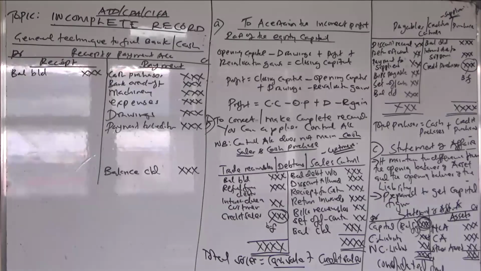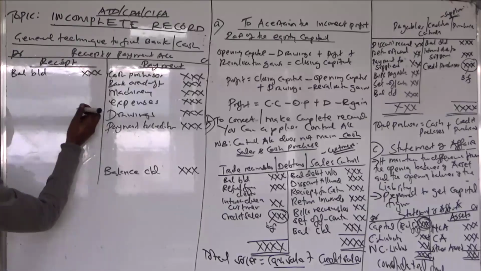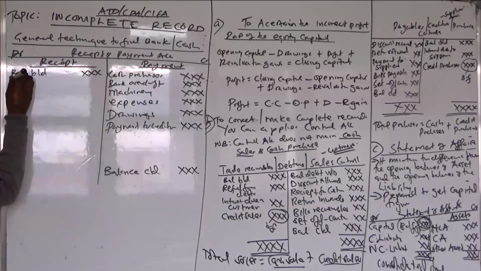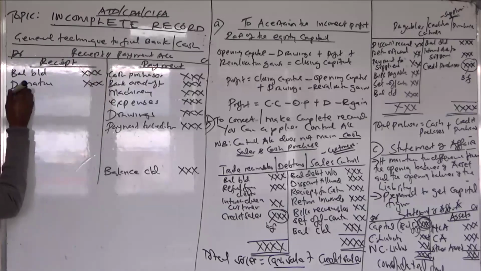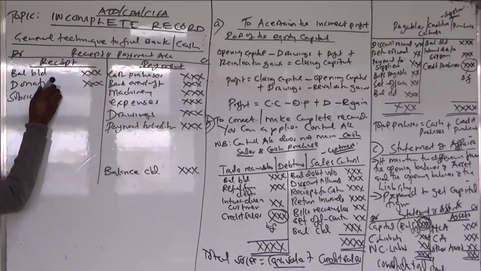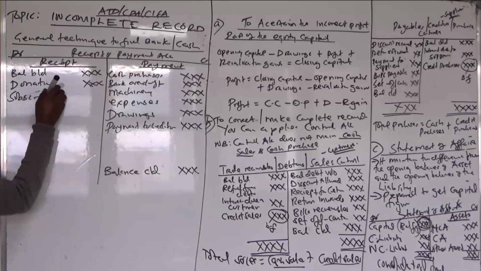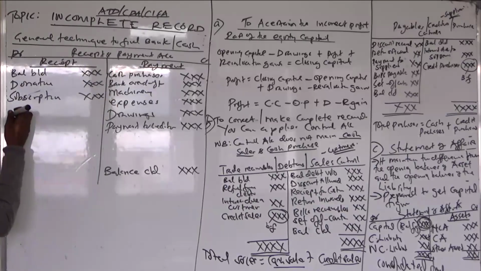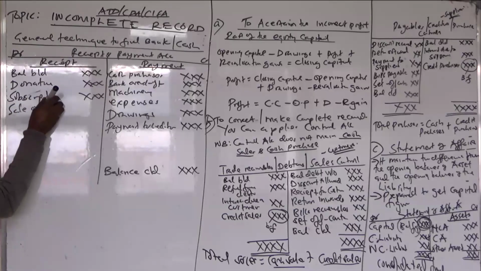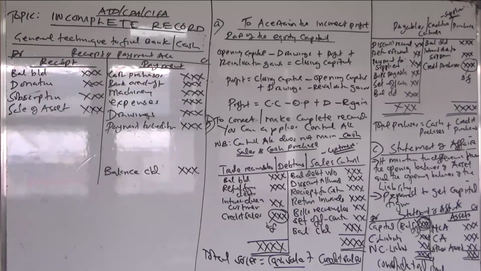Okay, etc. Then this side maintains income the way I told you. Here we can have donation, subscription. What else can you have? Sale of asset. When you sell an asset, you get an income. What else?